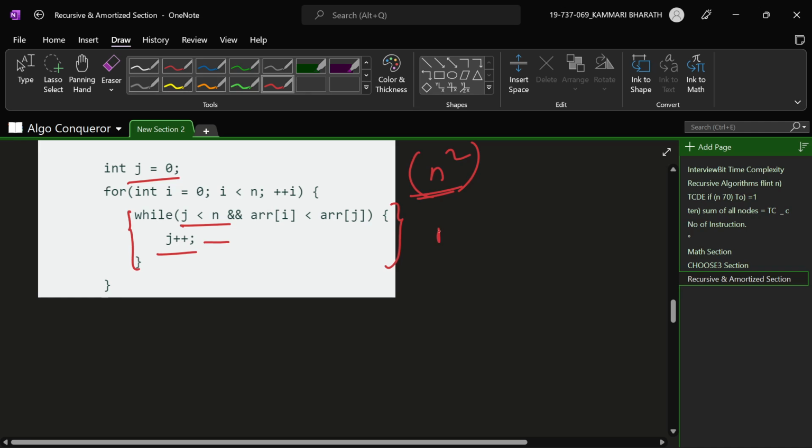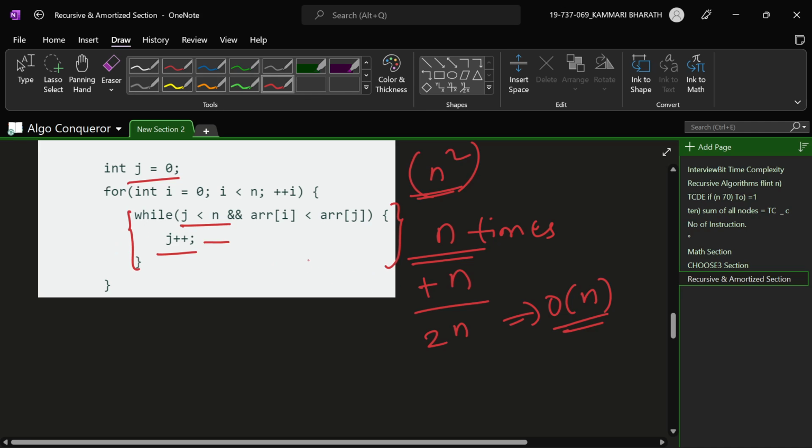Yeah, you guessed it right. In the total execution, this instruction can be executed only n times at max, right? And how many times will this loop be executed? That is n times. N plus n is 2n, which gives us O of n time complexity.